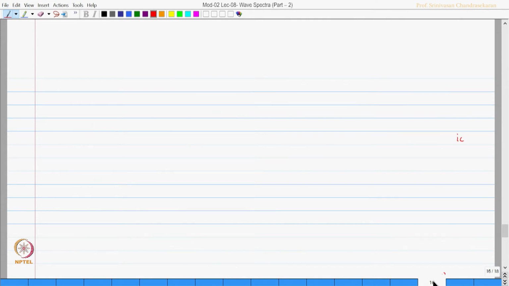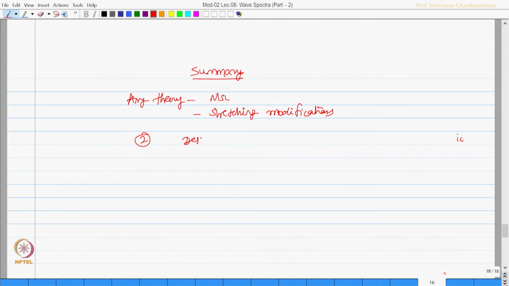So, friends, let us look quickly at the summary of what we learned in this lecture. We understood Airy's theory has limitations in terms of mean sea level. You can use stretching modifications suggested by various researchers to include the variable submergence effect. One can do two approaches for design. One is a single design wave analysis.